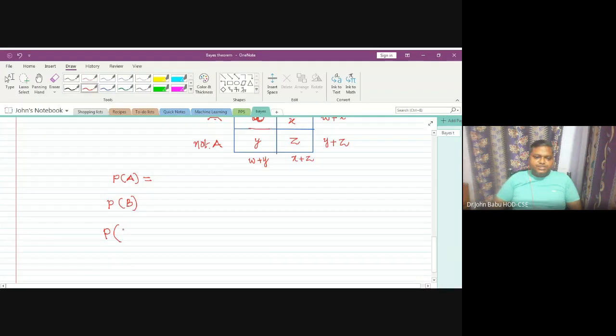conditional probability of A given that it is B, that is, when B occurs, what are the chances of A occurring? When B already occurs, what is the probability of A? That is the conditional probability.